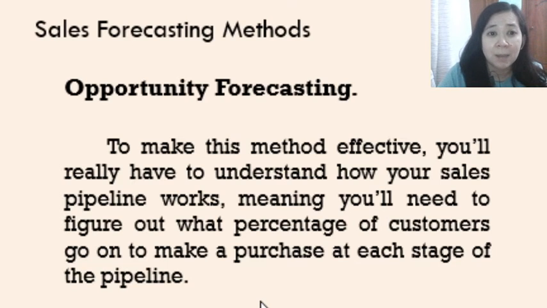To make this method effective, you really have to understand how your sales pipeline works, meaning you'll need to figure out what percentage of customers go on to make a purchase at each stage of the pipeline. So again, you will be basing this on your historical data.